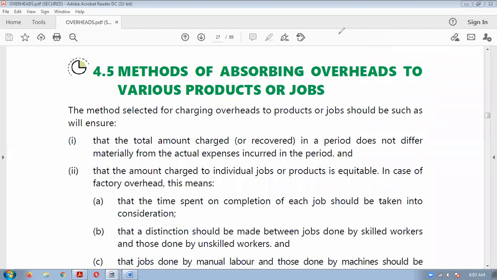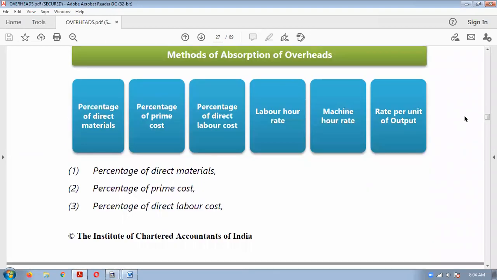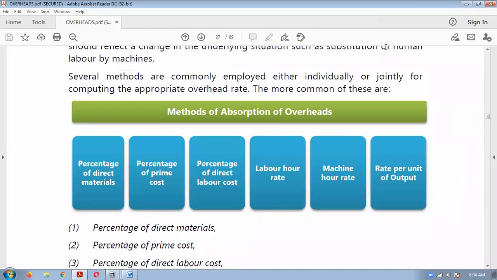Okay, now we have understood why we have to absorb the overhead or charge the overhead to the product: to get the correct pricing of the product, to calculate the correct cost and subsequently calculate the correct price of the product. Now, the second question will be how to charge, how to absorb overheads to different products.